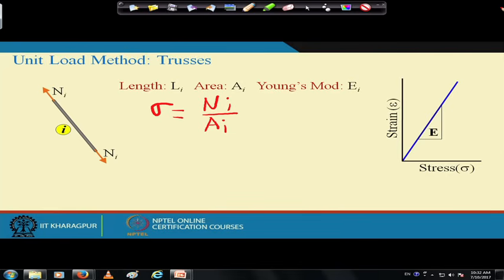Now, if sigma is this, how are stress and strain related? We know that epsilon is equal to sigma divided by E, right. So, stress divided by Young's modulus gives us strain.